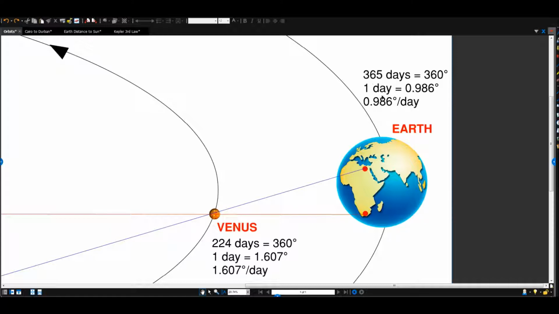So in one day, it will travel 0.986 degrees, right? You divide this by this. So the Earth moves at 0.986 degrees per day. Every day the Earth moves by that much, and then after a year it does a full circle, right?